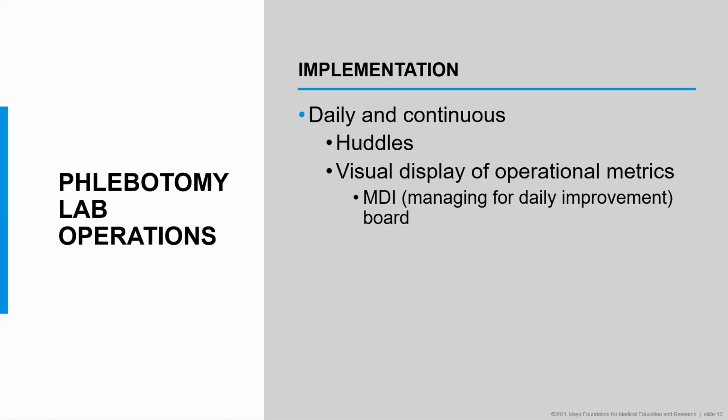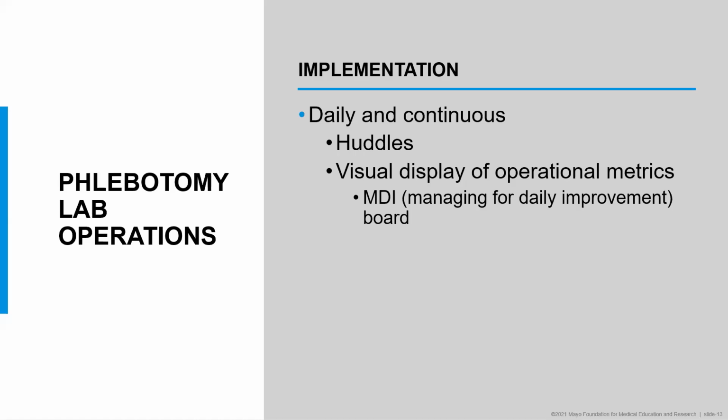One way of doing this, and most people are familiar, is having a huddle system. A huddle, especially if it's done right before a shift change or early in the morning for only one shift, allows you to do a level set.